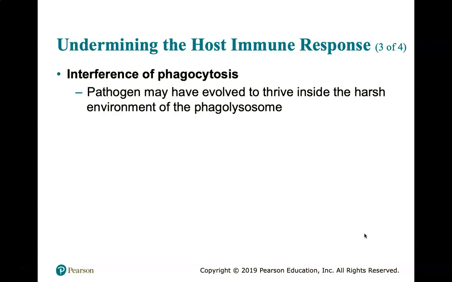Here's what I mentioned a second ago, that some pathogens can thrive inside the phagolysosome. They can just do perfectly fine in there because they can in most cases neutralize the enzymes that would normally destroy other pathogens. And we will talk about several that can do this.